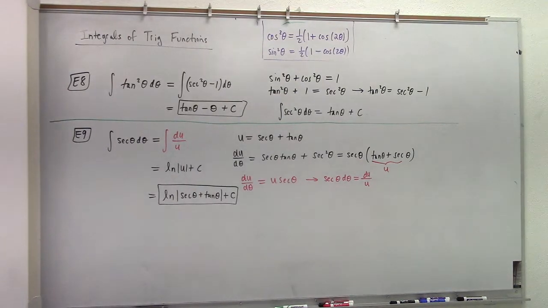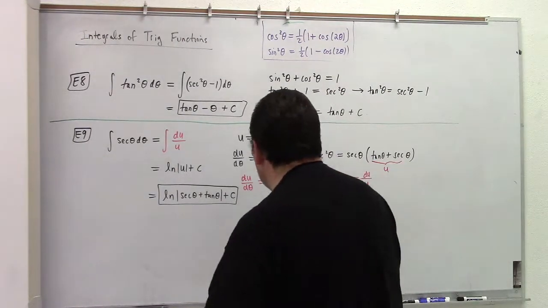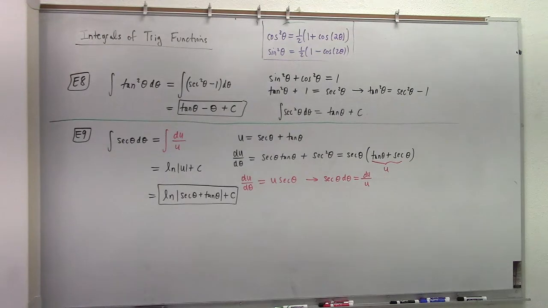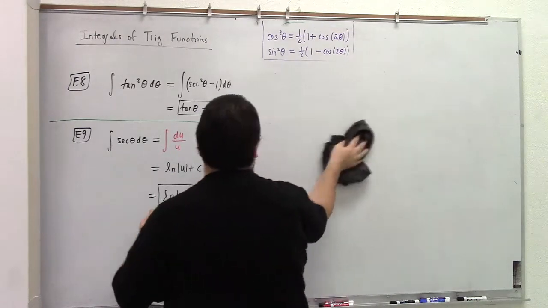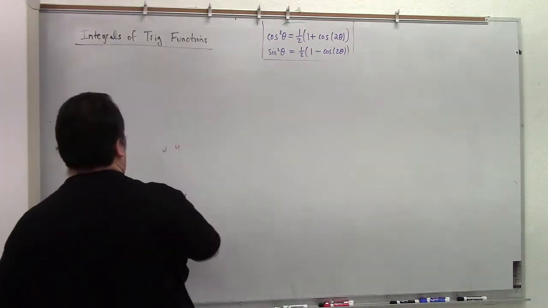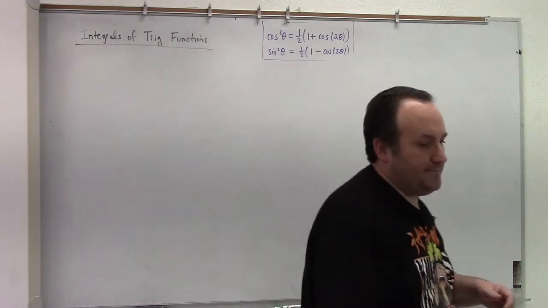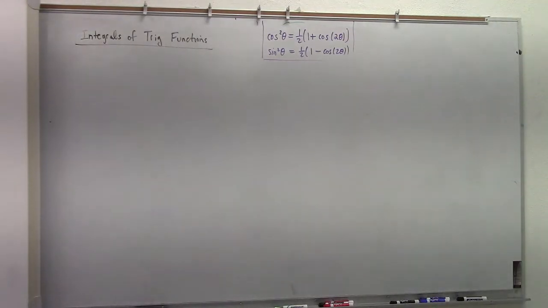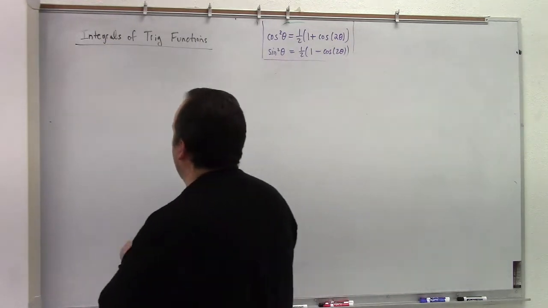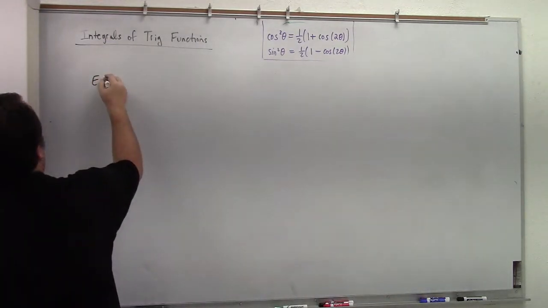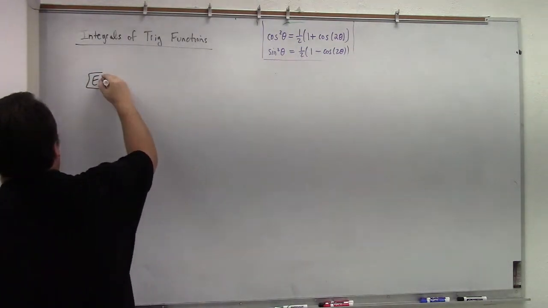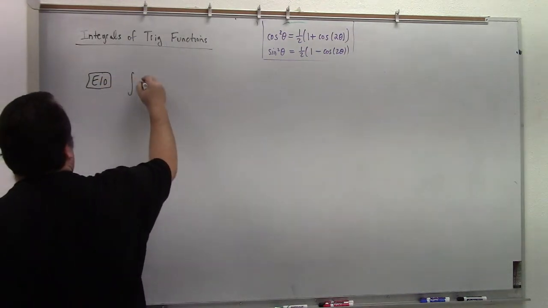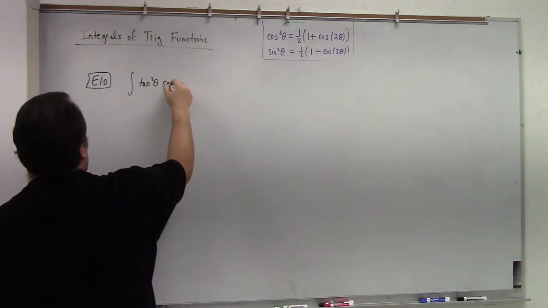Okay, so another example. There are tons of trig problems that are natural in terms of a plain old u-substitution. Let me show you a few of those. Example 10. So you might have the integral of tangent squared theta secant squared theta d theta.